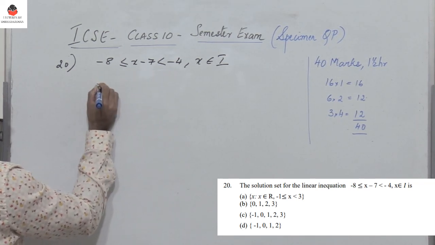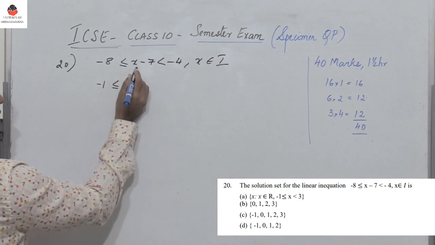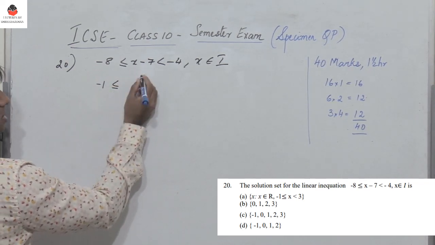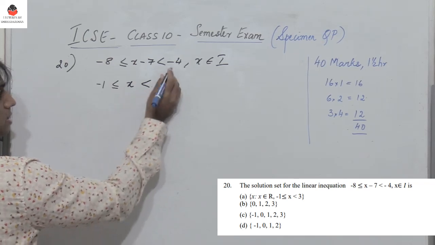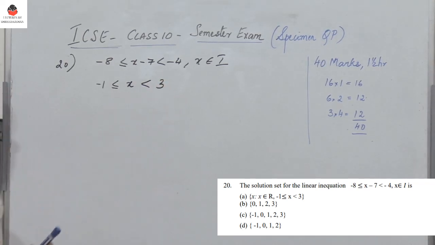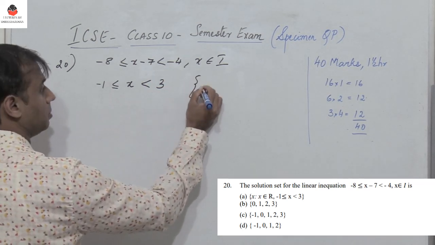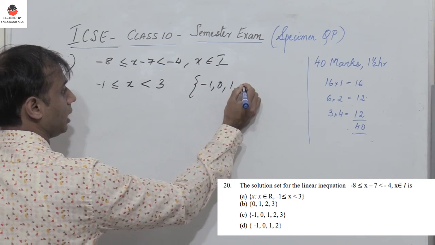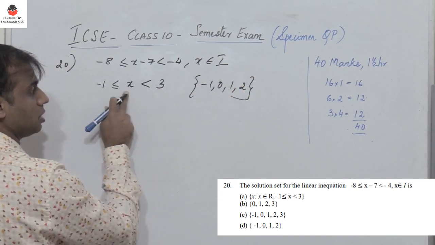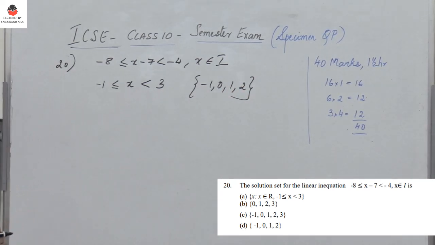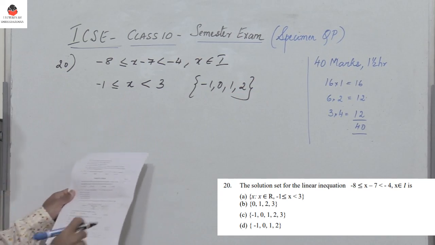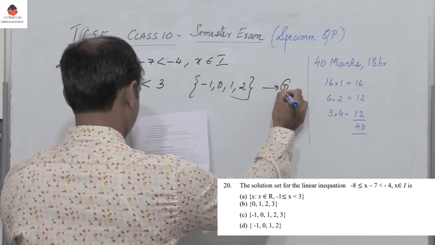So minus 8 plus 7 is minus 1, less than or equal to minus 7 plus 7 is x, less than minus 4 plus 7 is 3. So I get minus 1 less than or equal to x less than 3. So I have minus 1, 0, 1 and 2 because the value of x is less than 3. Therefore the right option is option D.